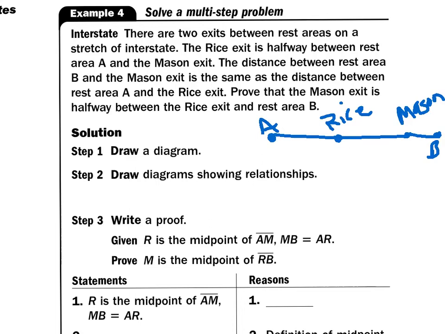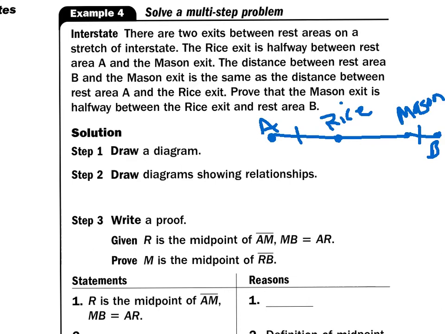Now, let's mark that they're the same. The distance between rest area B and the Mason exit, so this one, is the same distance between rest area A and the Rice exit. Prove that the Mason exit is halfway between Rice and rest area B.